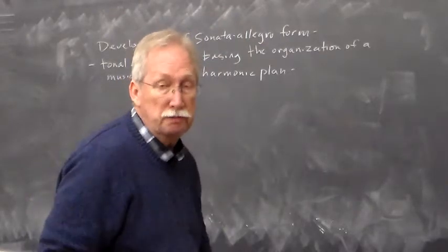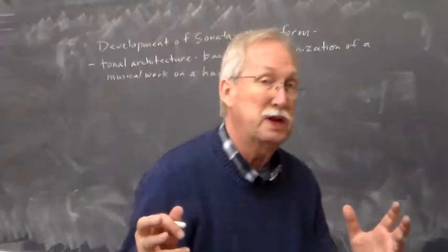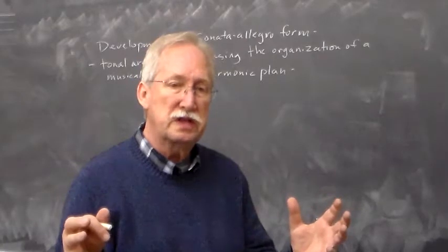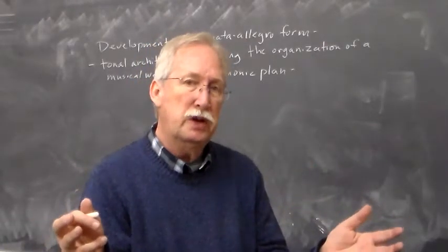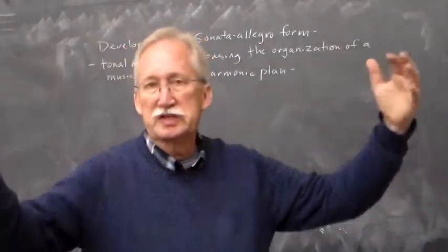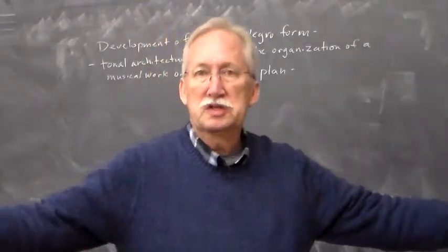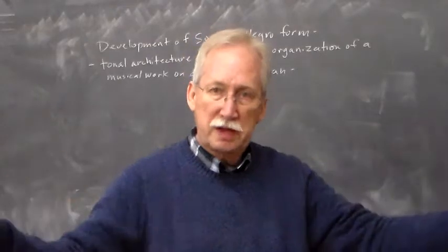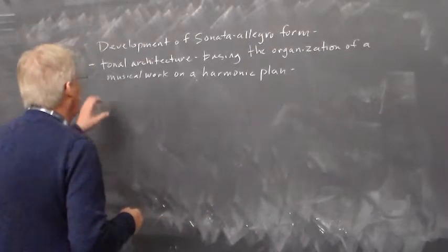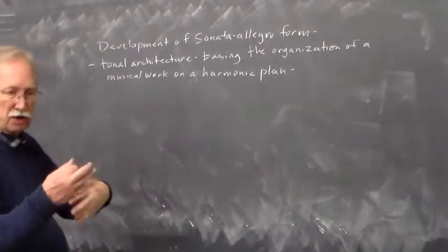That's the basis for binary form, and especially rounded binary form, is directly then what serves as the basis upon which Sonata Allegro then just kind of embellishes on that and just takes that basic idea, makes it just much bigger and adds more kind of components within that basic idea of binary form and rounded binary form. So that's one idea of just that basic idea of having a harmonic plan.